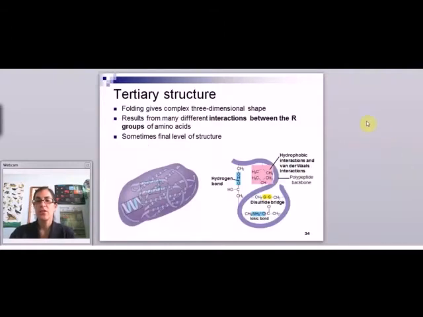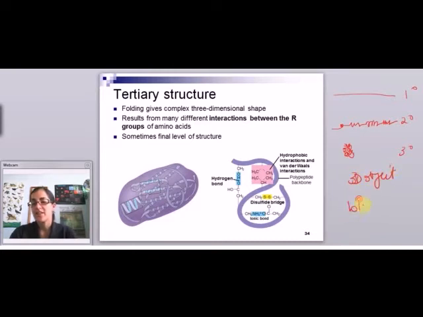The tertiary, or 3rd level of shape, and let me just go ahead and redraw this here. I've got my primary, my secondary, and then my tertiary is when this all folds up into a 3-dimensional object.